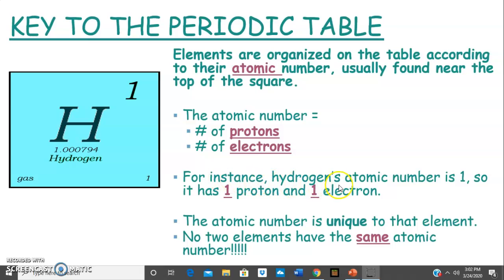So for instance, hydrogen's atomic number is 1, so it has 1 proton and 1 electron. The atomic number is unique to that element, and no two elements have the same atomic number. So hydrogen is only ever going to be 1. For example, helium is always going to be 2. Each one has its own unique number.